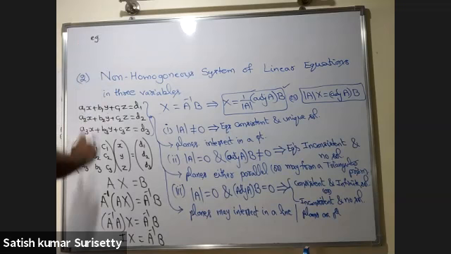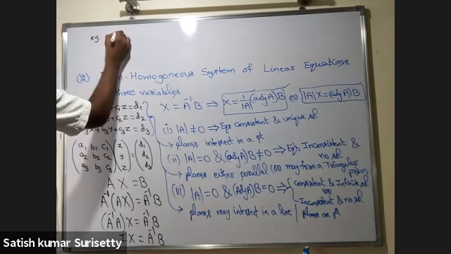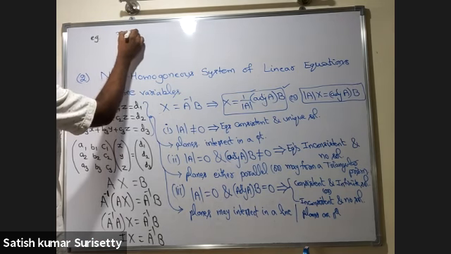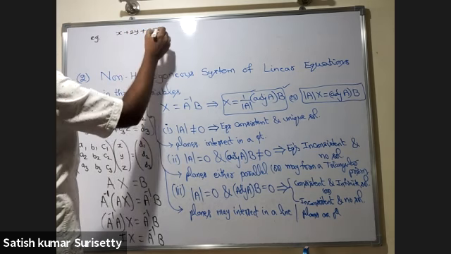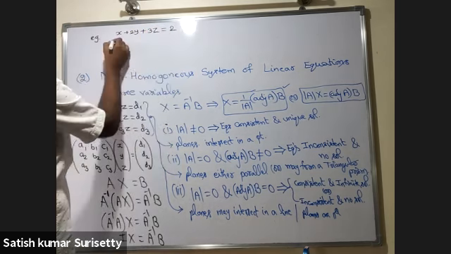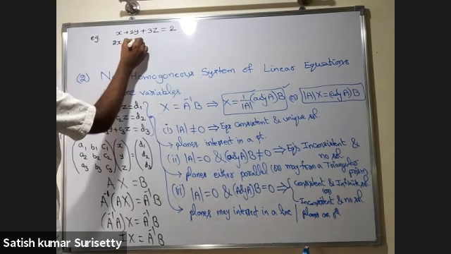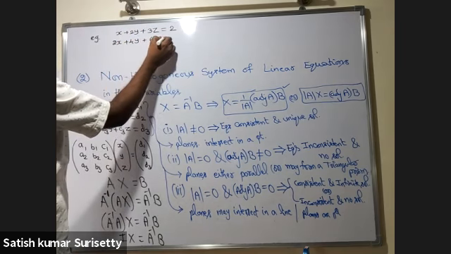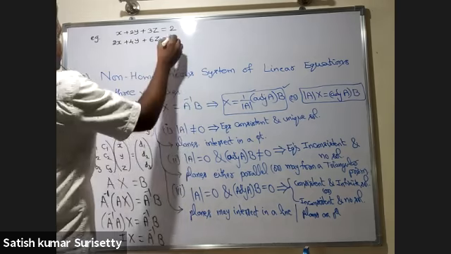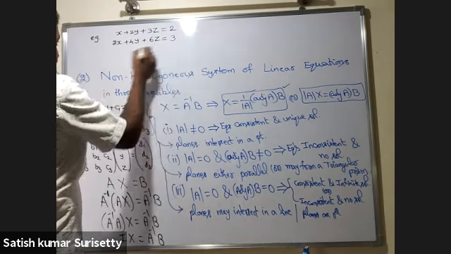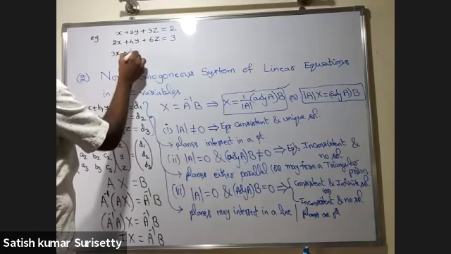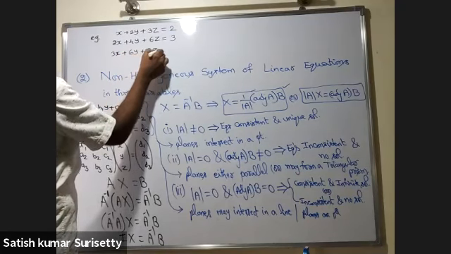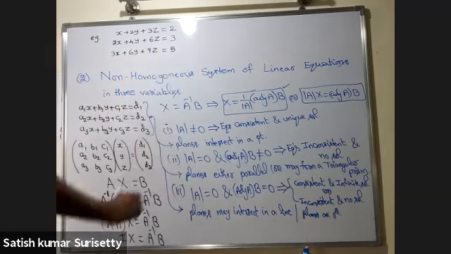Consider one example: x plus 2y plus 3z equal to 2, 2x plus 4y plus 6z equal to 3, 3x plus 6y plus 9z equal to 5.